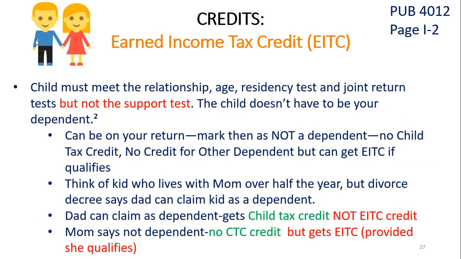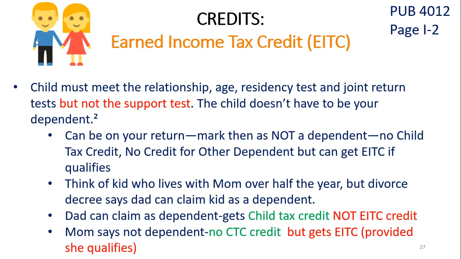It has to be your child kind of a thing. So look in your book on page I2 for this chart. There's age, and residency, meaning they live with you, and that's very, very important. Make sure you flip to I2 and go over the requirements for this credit.